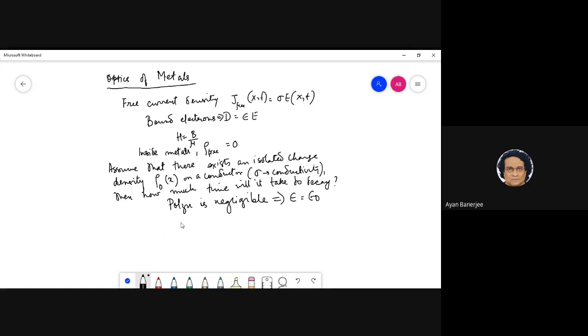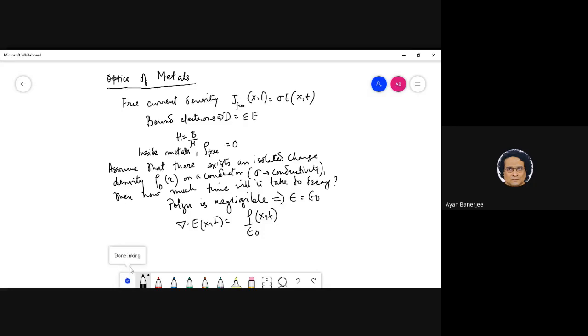So essentially, we take the Gauss theorem. So nothing but del dot E of x,t is rho by epsilon naught of x,t.